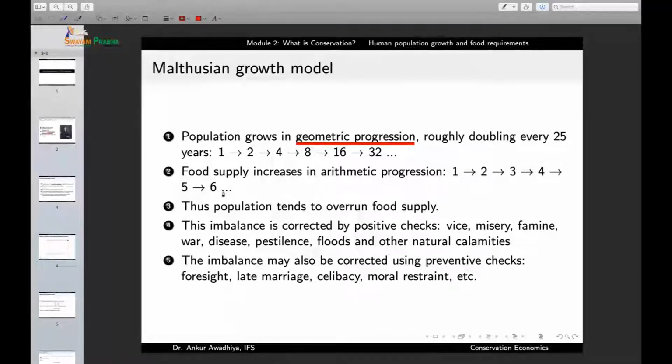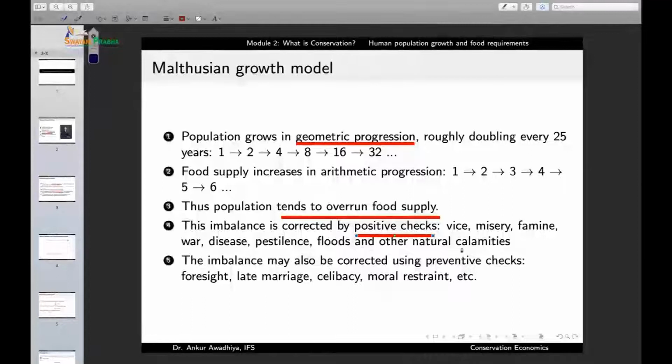Now, in such a scenario, in a very short period of time, the population will increase to such an extent that it will overrun the food supply, which means that there will no longer be sufficient food available for everybody. Now, in such a scenario, what will happen? There will be an imbalance, and it will be corrected by what are called positive checks.